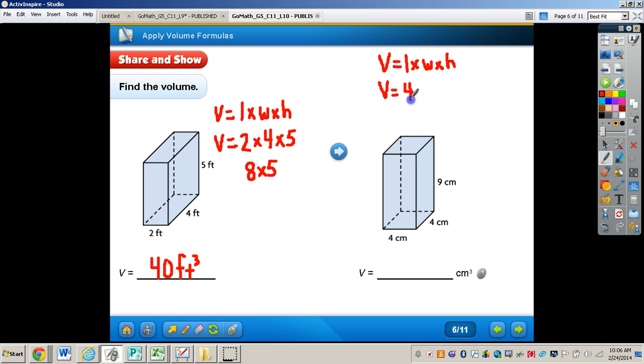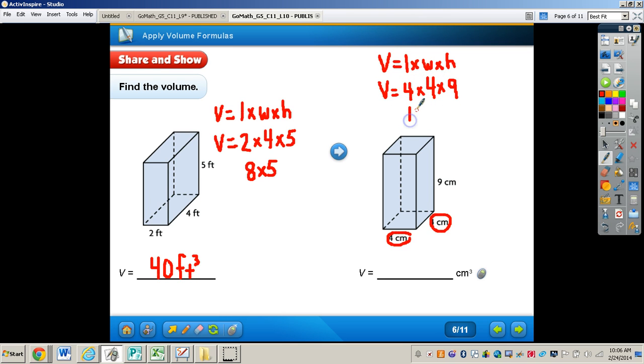We have 4. Here's my length. We look at our width, which would be 4 centimeters as well. And then our height, giving us that third dimension, will be 9 centimeters. So we have 4 times 4 times 9. My first step is multiplying my two numbers together.